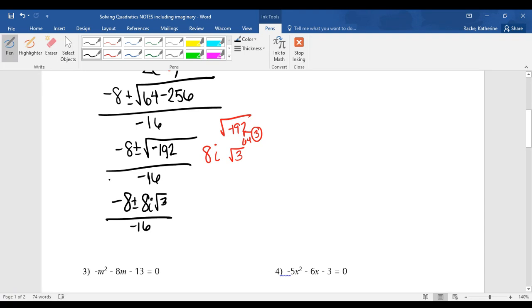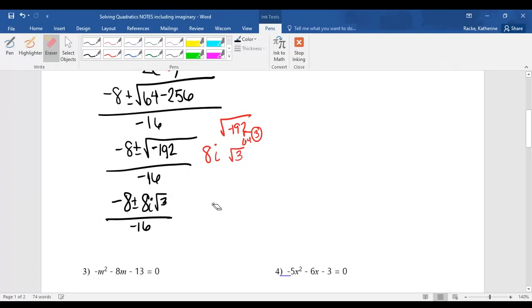Okay, here now you have to see if you can simplify this, but the only way that you can simplify this is if both of these top numbers here can evenly be divided by negative 16 or evenly be reduced. So they both can be reduced, and negative is going to give me a positive.